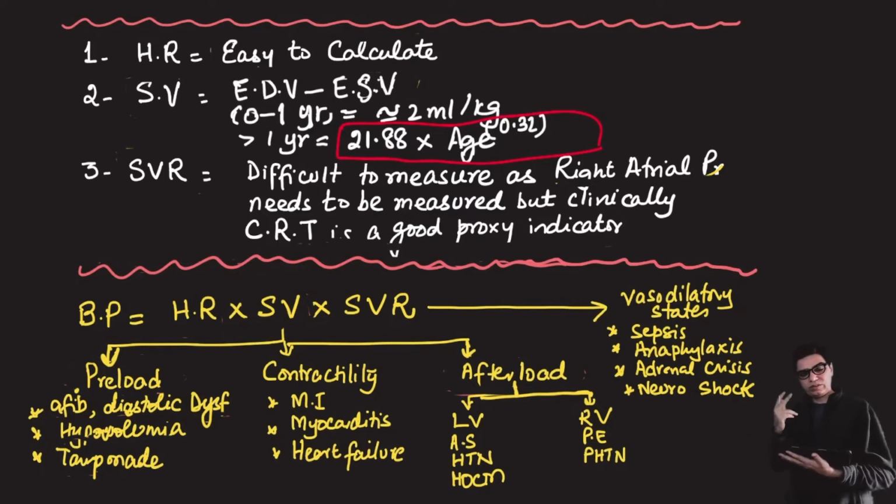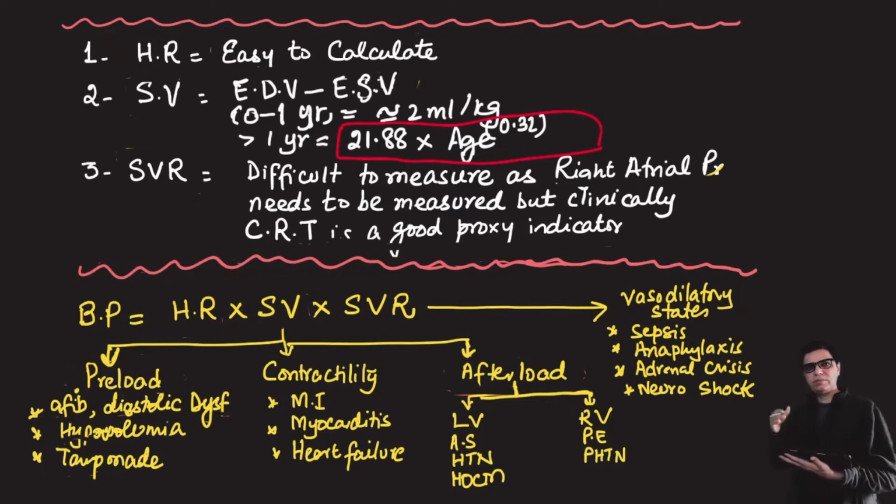So two things for systemic vascular resistance. Number one, cap refill time, central and peripheral. If that is prolonged, your SVR is down. The second thing, if the peripheries are cool, gray or discolored, again, it has to be systemic. It's not one periphery cooler than the other; then it probably means some other unilateral problem.